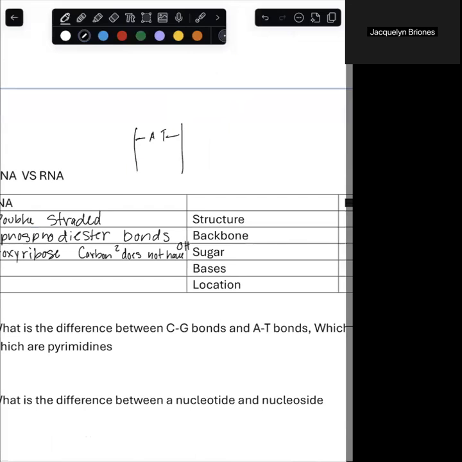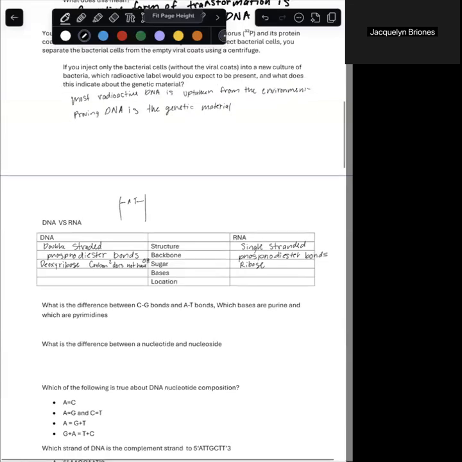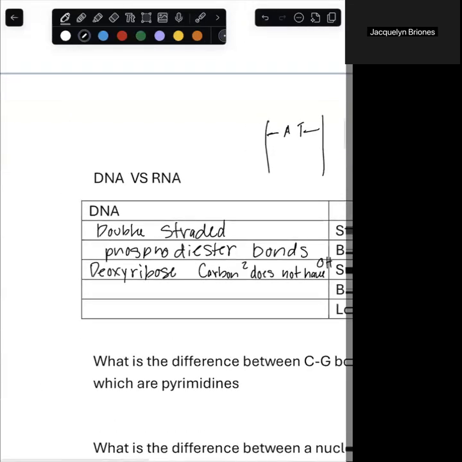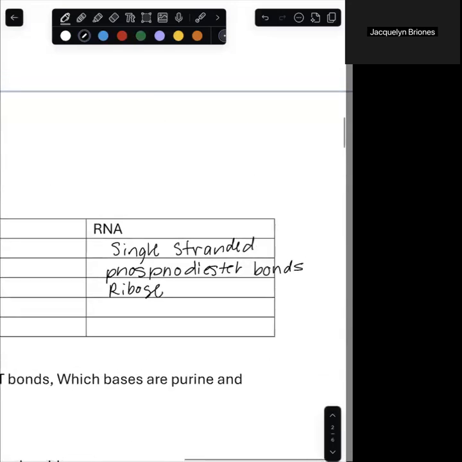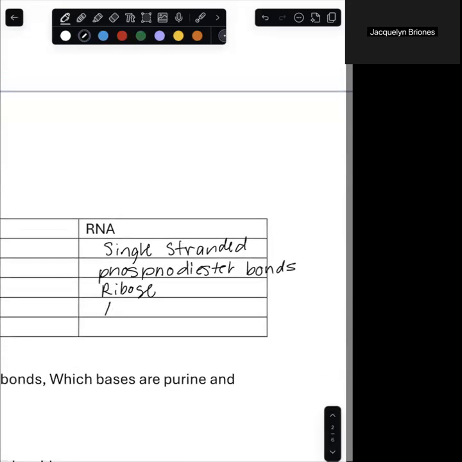But remember that there are 5 carbons, and the only difference is that deoxyribose doesn't have a hydroxyl on carbon number 2. Okay, and then bases, which is also really important. DNA has A, T, C, and G. RNA has A, U, C, and G.